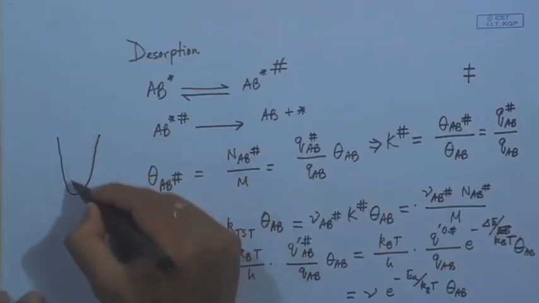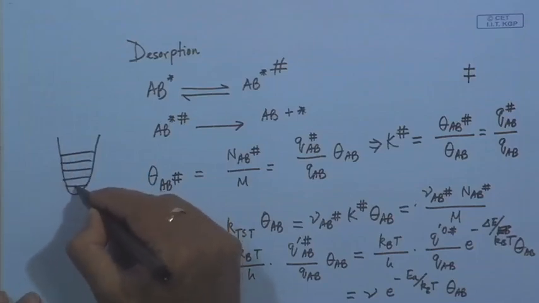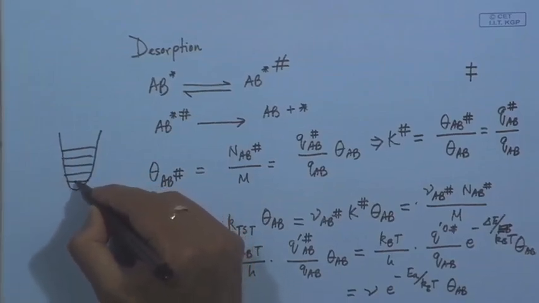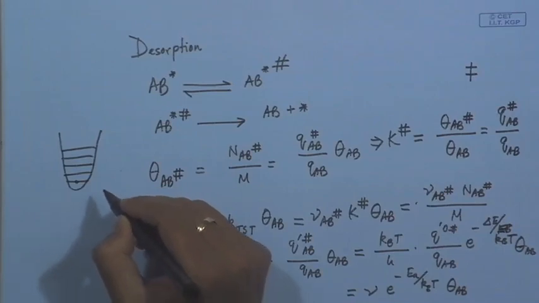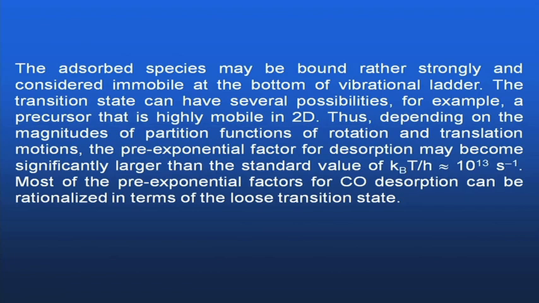If we have this vibrational ladder like this, this is the bottom of the ladder. So, here motion is less, that is why it is more or less immobile.